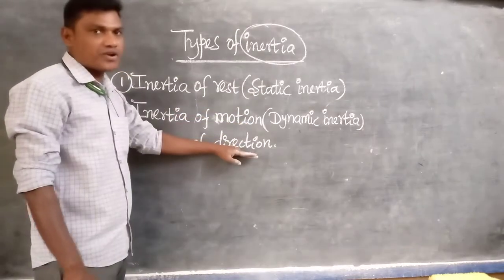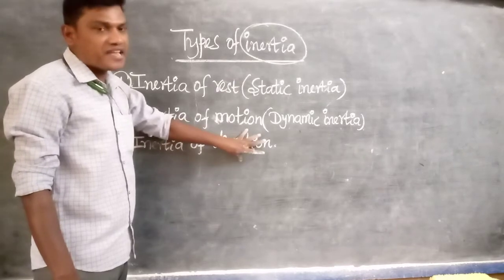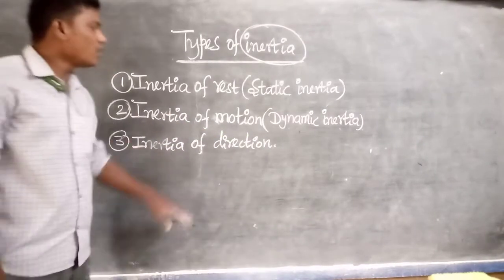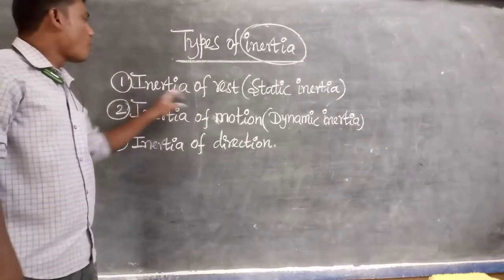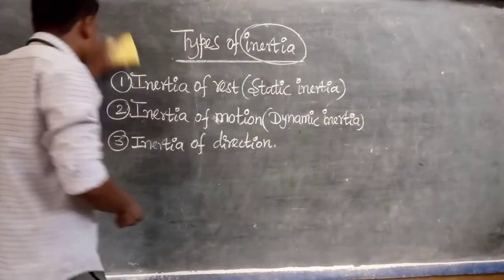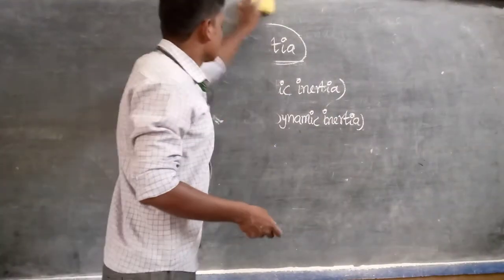Inertia of direction is discussed in higher classes, but I will give you a little idea about it. Now let me discuss it. What is inertia of rest, and how do we understand the concept of inertia of rest with suitable examples?